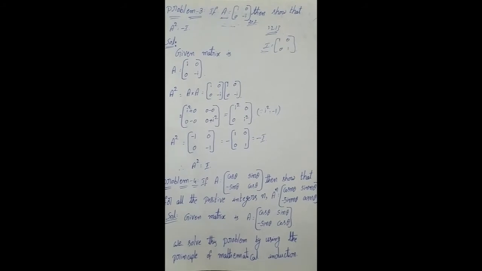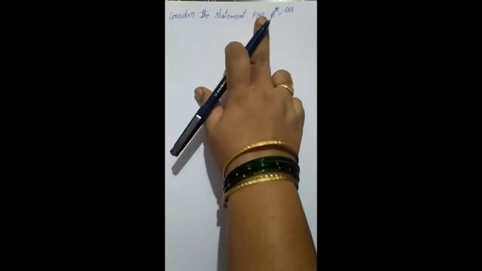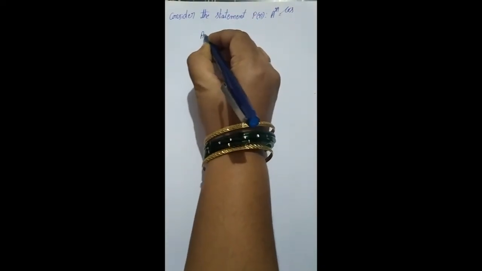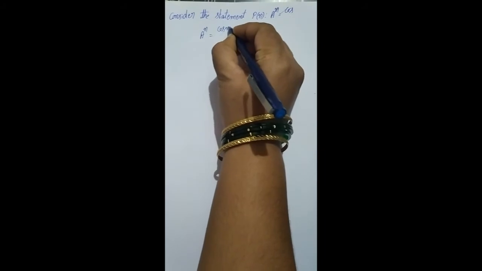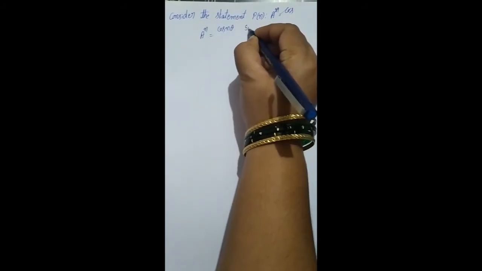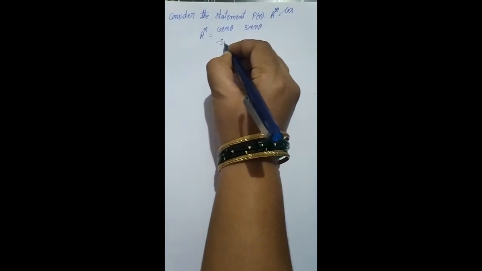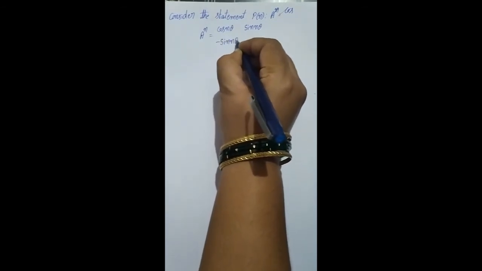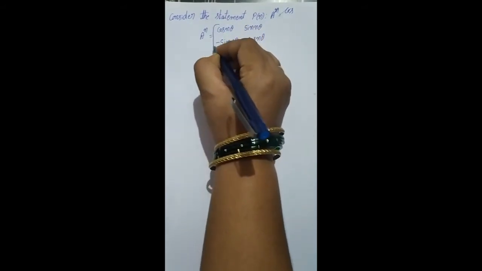For that, we have to call the statement, that is, consider the statement P of n: A power n is equal to [cos n theta, sin n theta; -sin n theta, cos n theta]. This is the A power n value.